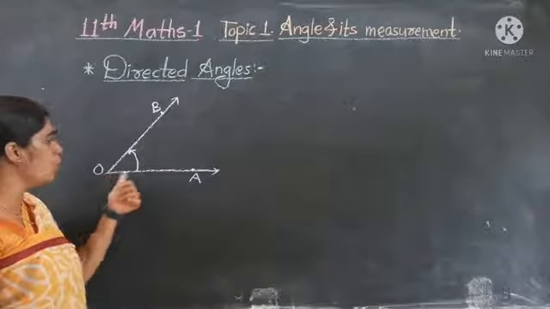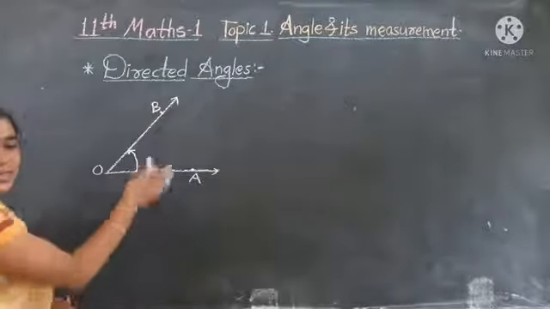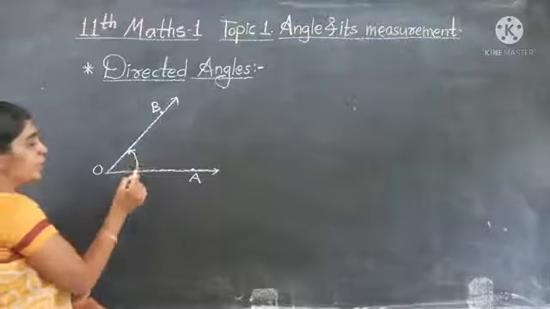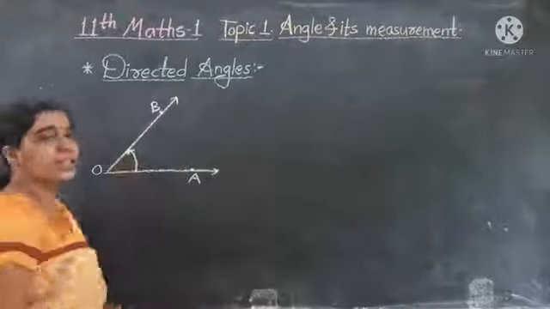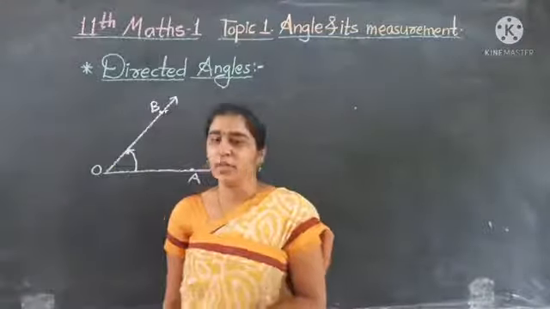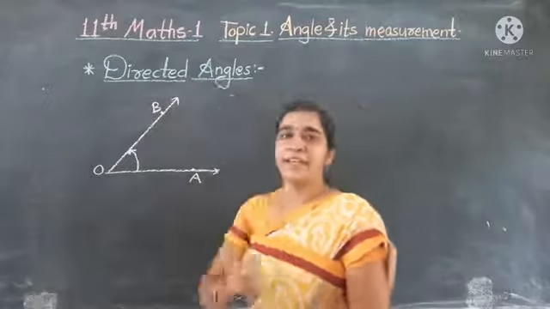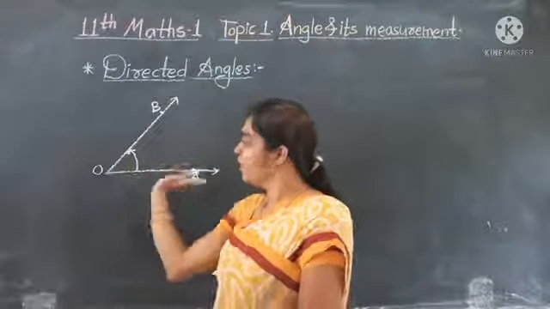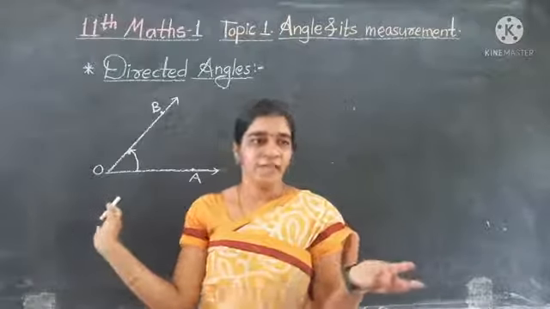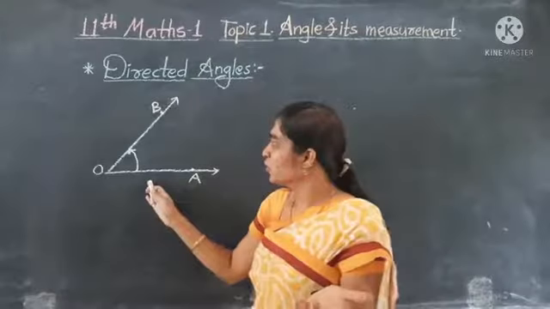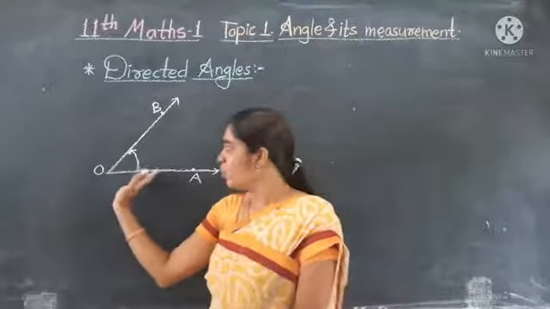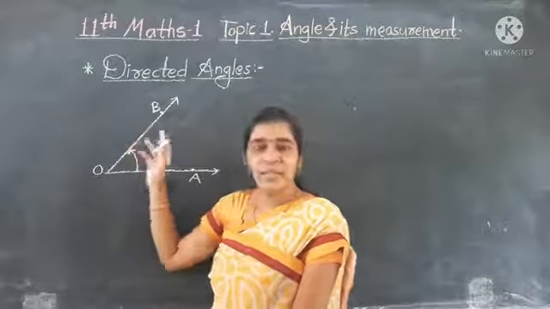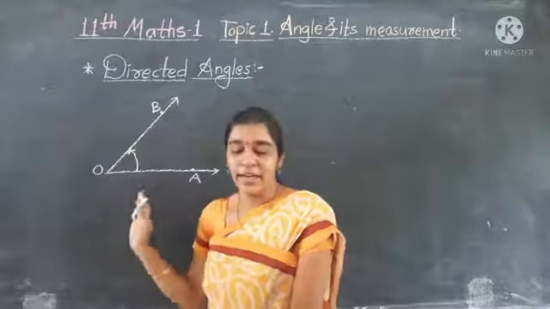See here, OA is the ray. Consider the ray OA. If we rotate OA up to OP, then we get this angle. Here direction is important, therefore it is called a directed angle. If you draw in this way, then the direction will be changed. So if OA rotates up to OB, then the angle formed, AOB, is called a directed angle.